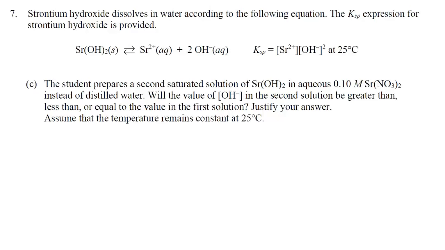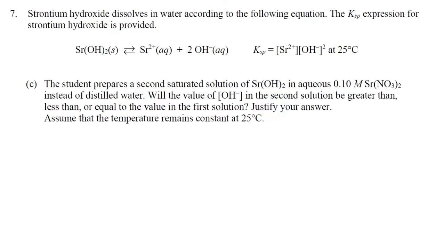Will the value of the concentration of the hydroxide ion in the second solution be greater than, less than, or equal to the value in the first solution? Justify your answer. Assume that the temperature remains constant at 25 degrees Celsius.